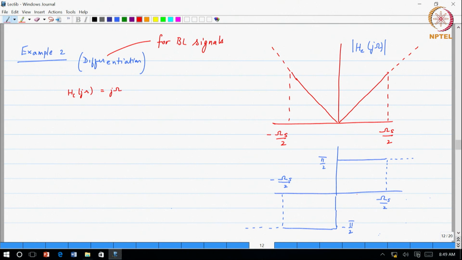Now, if your input signal is band limited to some value omega naught, you do not need to satisfy these properties beyond that. So, if it is band limited, I can first of all sample my signal and go to the discrete time domain, and then I can design a discrete time differentiator and come back. My ability to do a discrete time differentiator means I have a lot of tools to design those. So, how will a discrete time differentiator look?